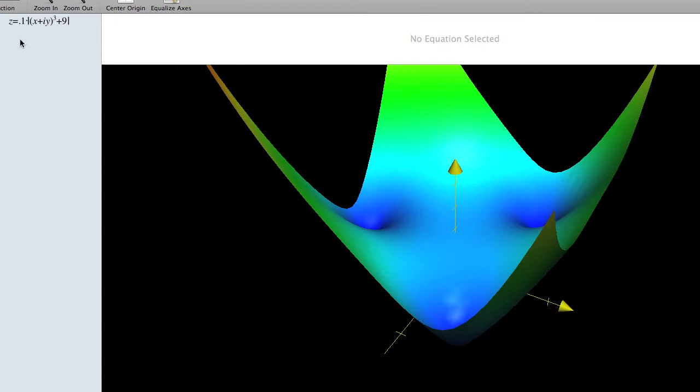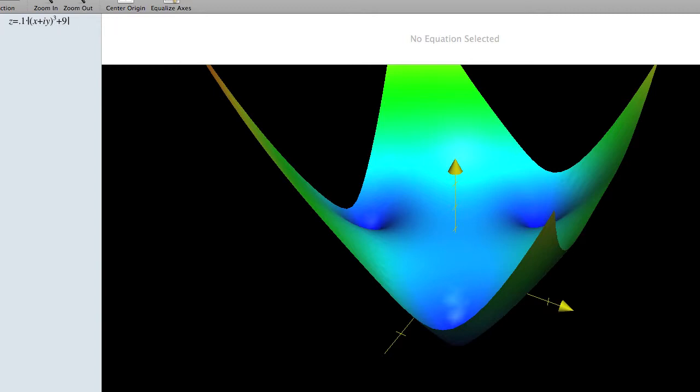Okay, remember z is a complex number. So in order to see what the magnitude is and see if it's equal to 0, I'm looking to see if the magnitude of the complex polynomial is equal to 0. So I'm plotting 0.1, and this is just a scale to make it look good, times the magnitude of z cubed, that's x plus iy cubed, plus 9.